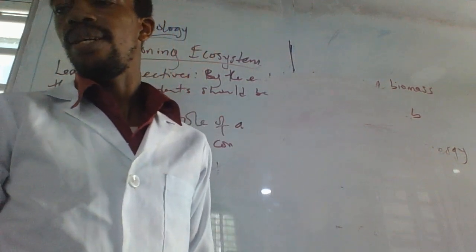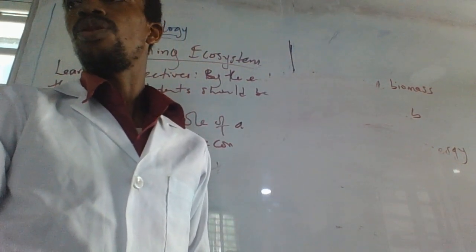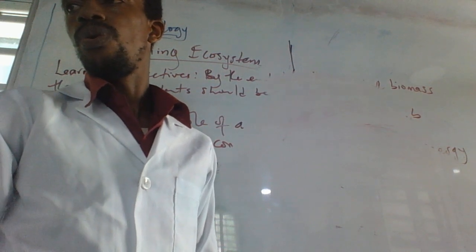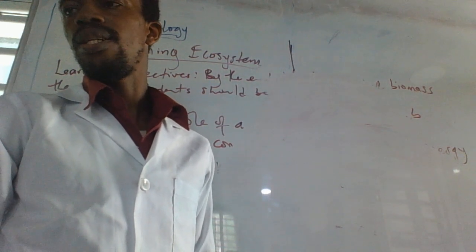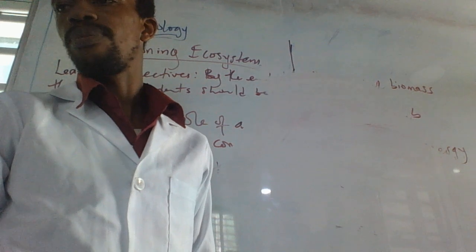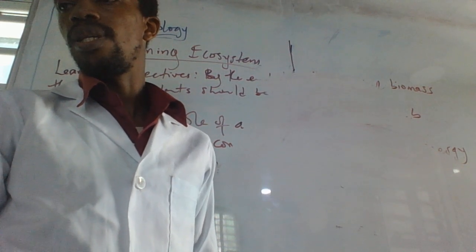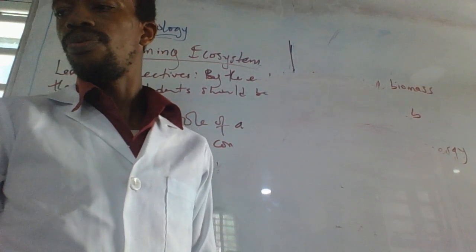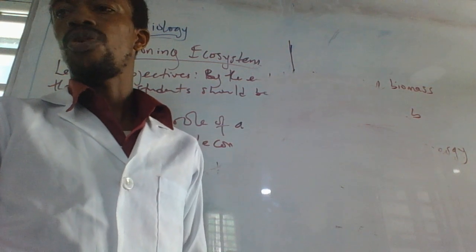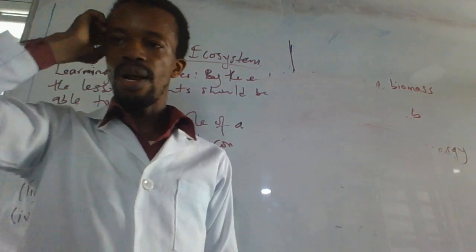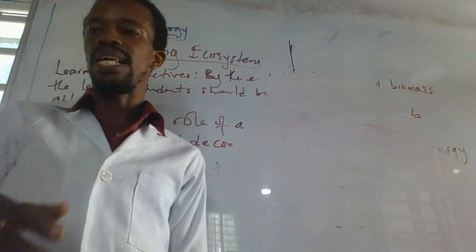So as I said earlier, this particular topic will help us so much in understanding what we need to know about the pyramids of energy. So energy flow and the laws of thermodynamics, as I said earlier.